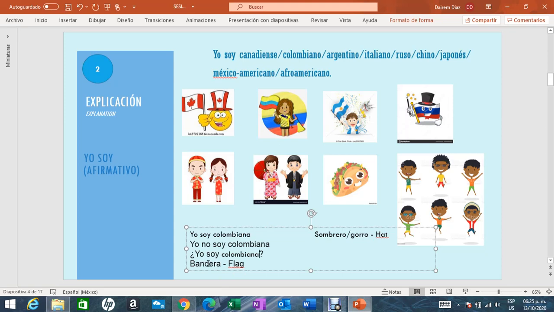So the same here, she has the flag of Colombia in the back and also in her hand, bandera de Colombia. She doesn't have a hat, she has a little trumpet. So we call it trompeta. That would be a little trumpet.